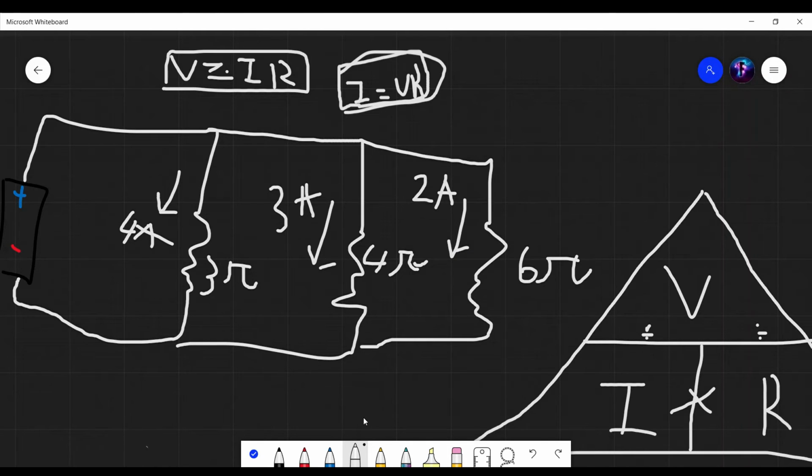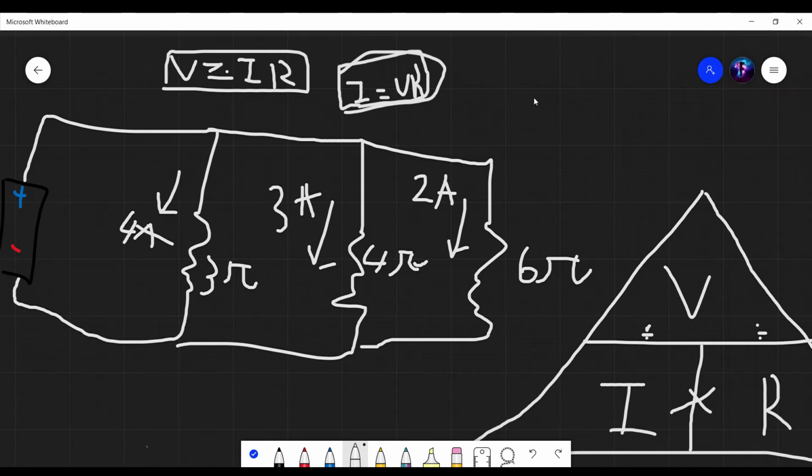And notice how the bigger the ohm, the bigger the resistance is, the less the amp is. So if you look at here, 6 ohms has the least amps because it's the biggest. And notice how 3 ohms has the largest amp because it's the smallest, with 4 amps.